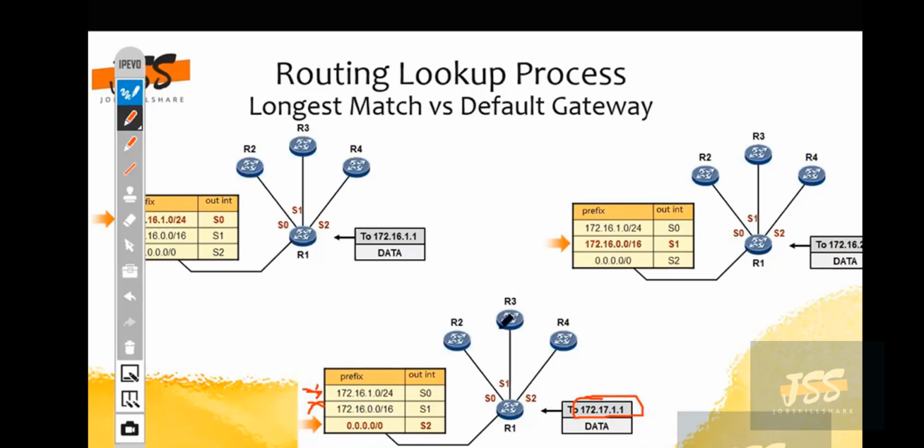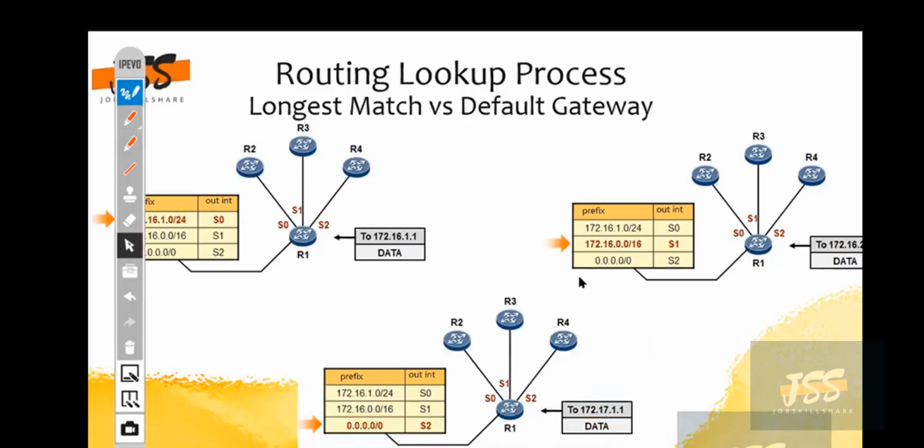So your router is intelligent enough that when it gets a destination which is not inside its routing table, it is always going to send to this default gateway. Even if the destination is 111, 222, 333, 444. If that doesn't exist in a routing table, it is always going to prefer this one. Got it?